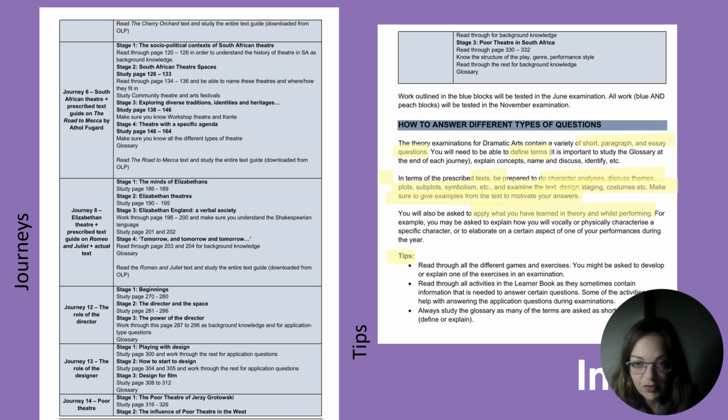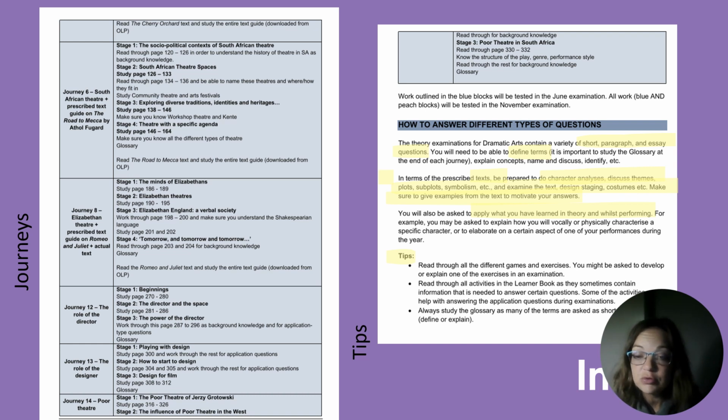You get short paragraphs and essay questions. And then also you get to define different terms. In terms of the prescribed text, if they ask you, you will have to do a character analysis, discuss themes in your play, and plots and subplots and the symbolism, etc. So all of those things relate to your prescribed text, which has an extra document that guides you through that.